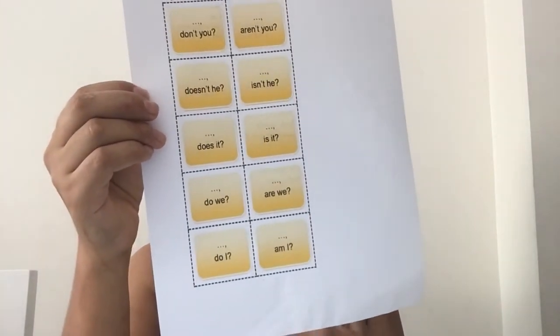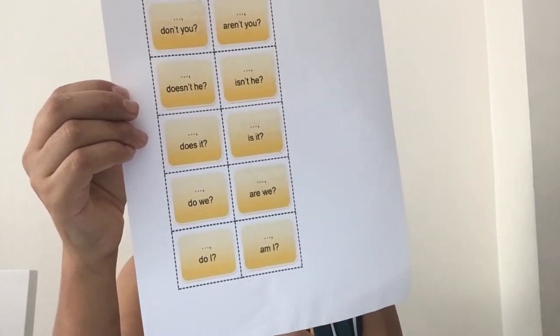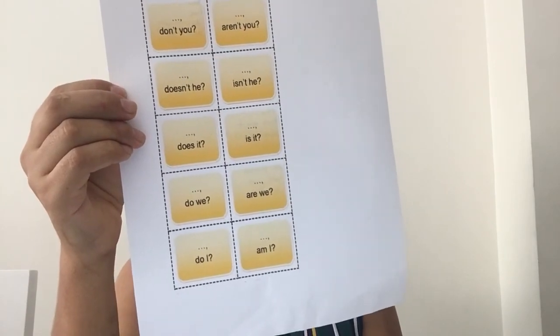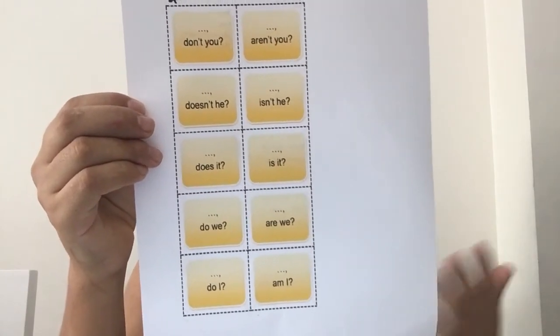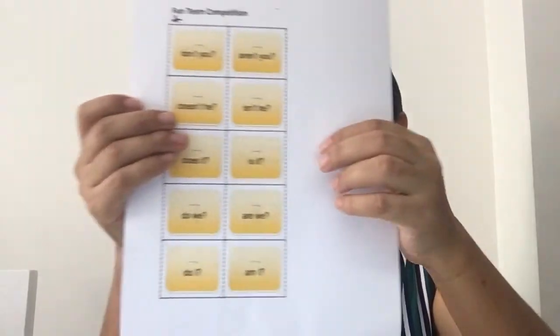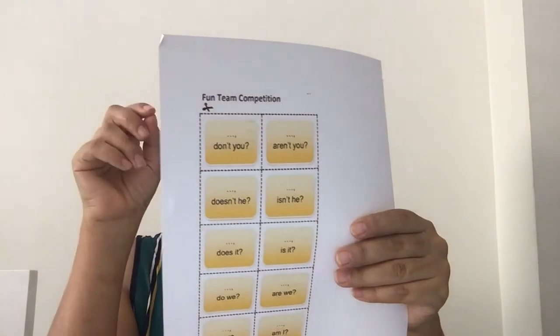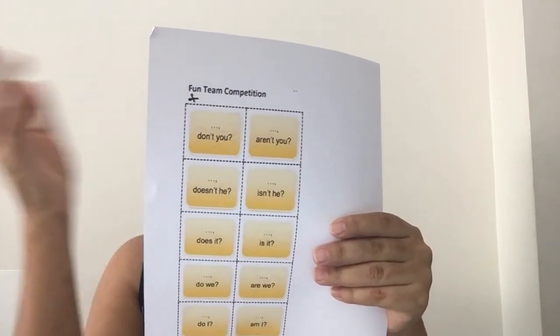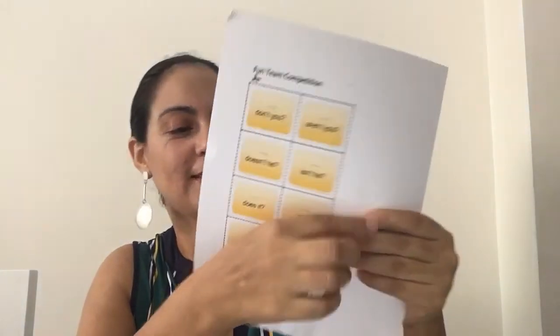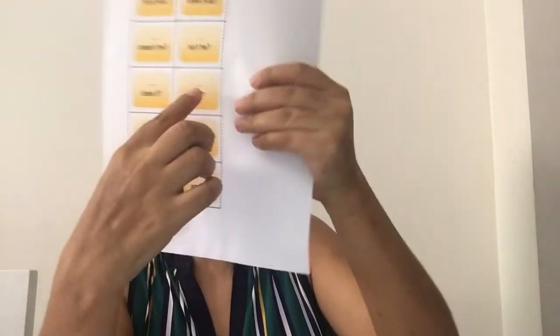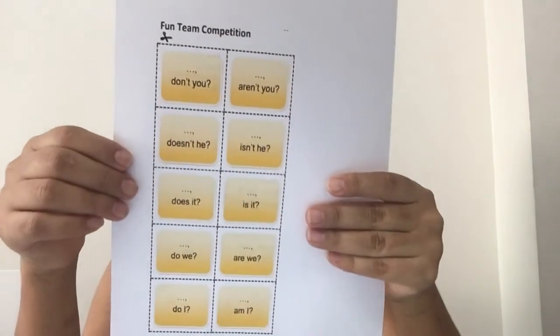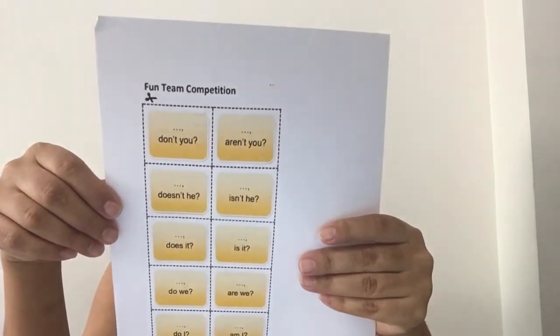The first student to write a grammatically correct sentence using a tag question earns one point for their team. For example: you live downtown, don't you? And complete the sentences. For example: the boss isn't coming, is it?